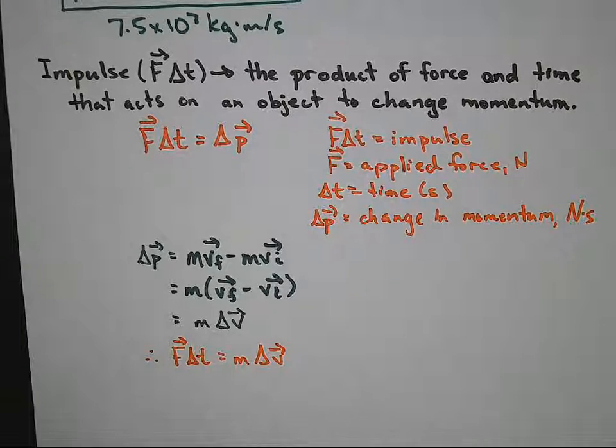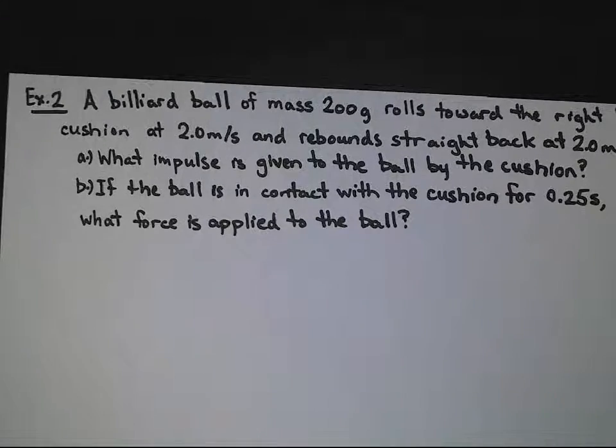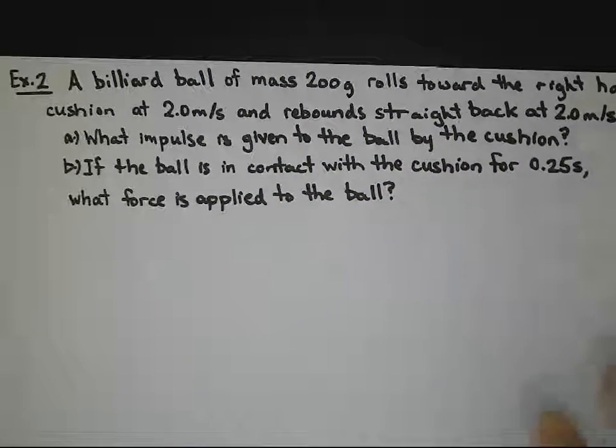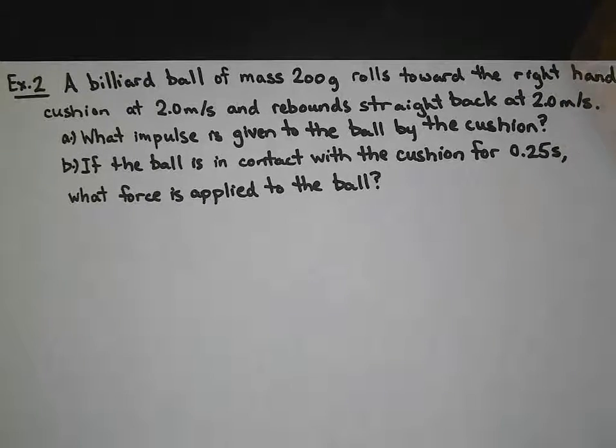So let's look very quickly at an impulse problem that might arise. Anybody who plays billiards here will appreciate this example. A billiard ball that has a mass of 200 grams rolls toward the right-hand cushion at 2.0 meters per second, and then rebounds straight back at 2.0 meters per second.